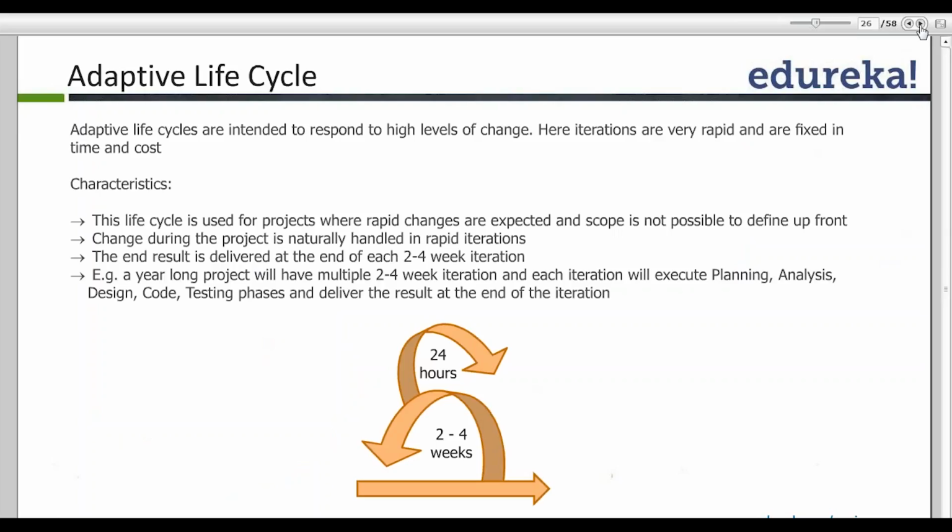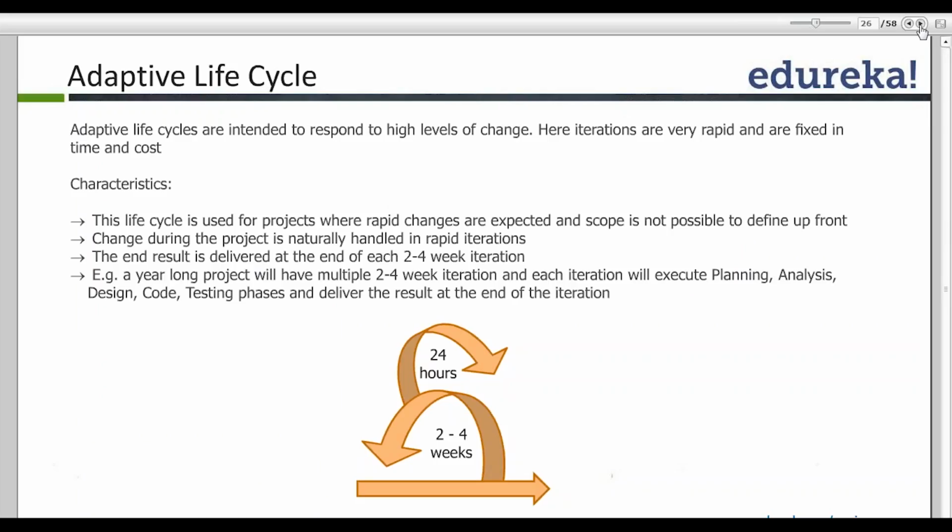Adaptive life cycles are in a way iterative life cycles, but the iterations are of very, very small duration and are fast paced. In this model, the team swiftly responds to any changes which are happening.